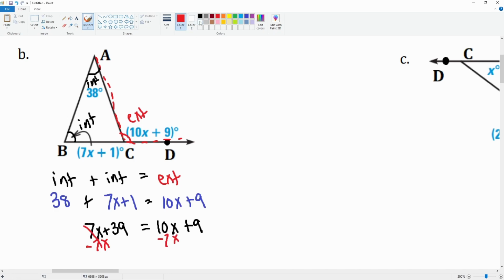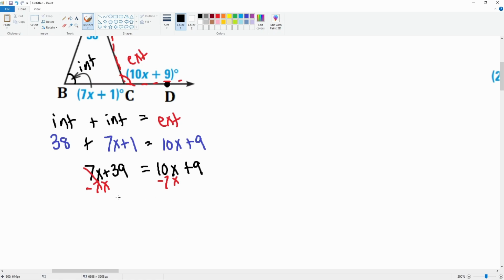This cancels, leaving you here with 39 is equal to 3x plus 9. We want to get rid of the constant now, so move minus 9 to both sides, leaving you with 30 is equal to 3x. You want to divide by 3 on both sides. This cancels, leaving you with an x here. 30 divided by 3 is just 10.